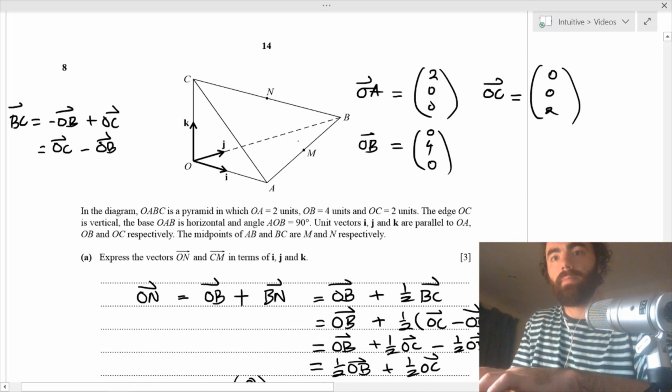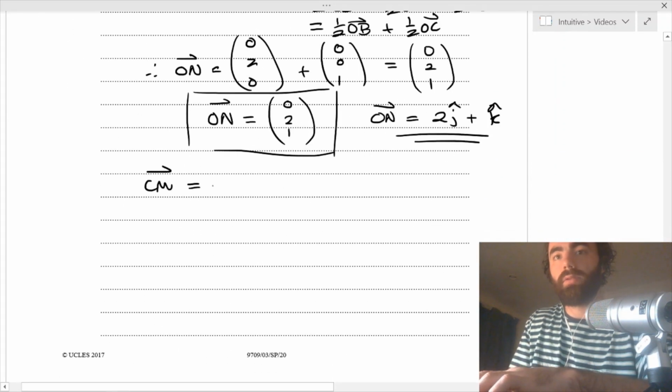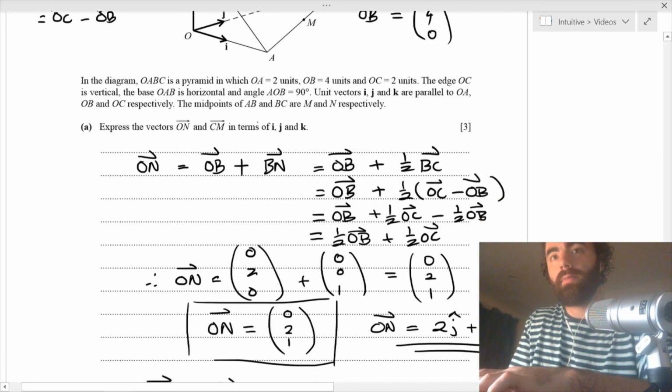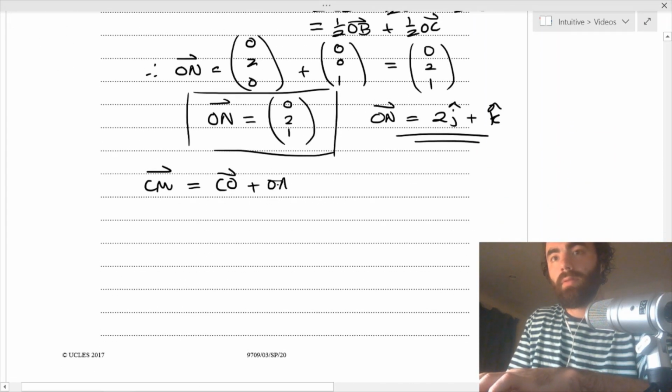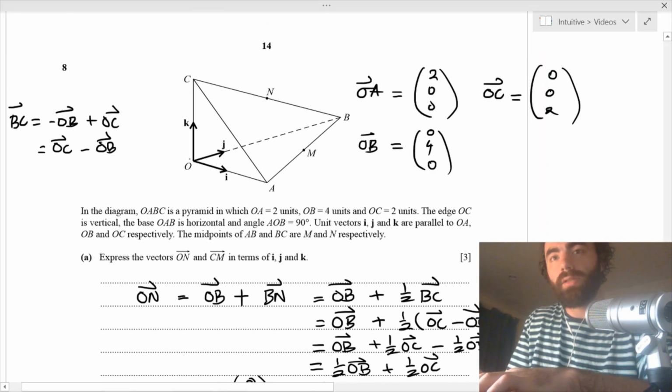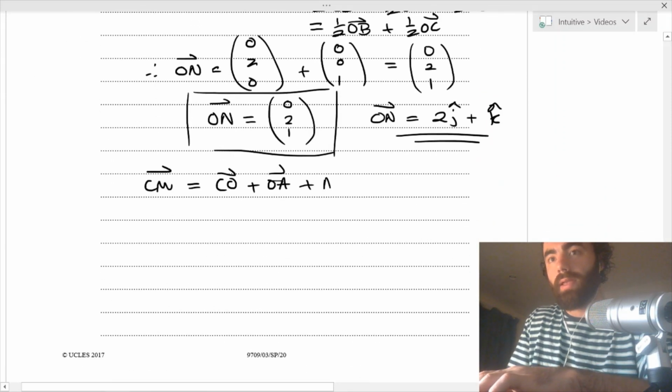C to M. I'm going to go CO, or minus OC, you could think about it. So CO plus OA plus AM. So this is just minus OC, right?